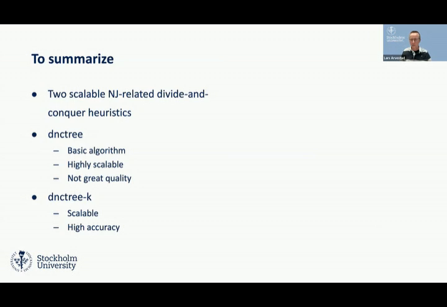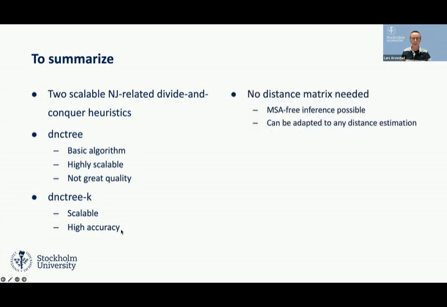So, trying to summarize, I presented two scalable neighbor joining methods that use divide and conquer. One is super highly scalable, but of low quality. And the other one is scalable, but of high quality. And what's good to know is that no distance matrix is actually needed. So in principle, one can start experimenting with distances without multiple sequence alignment.